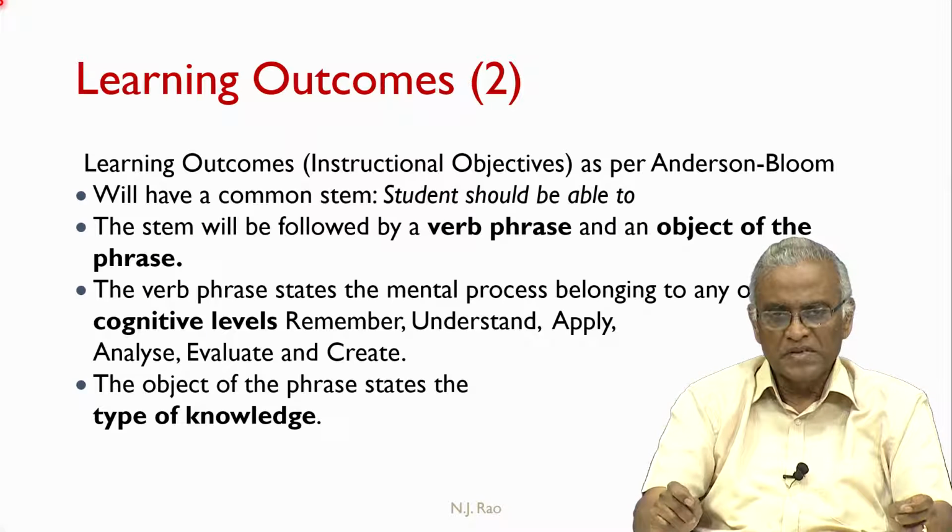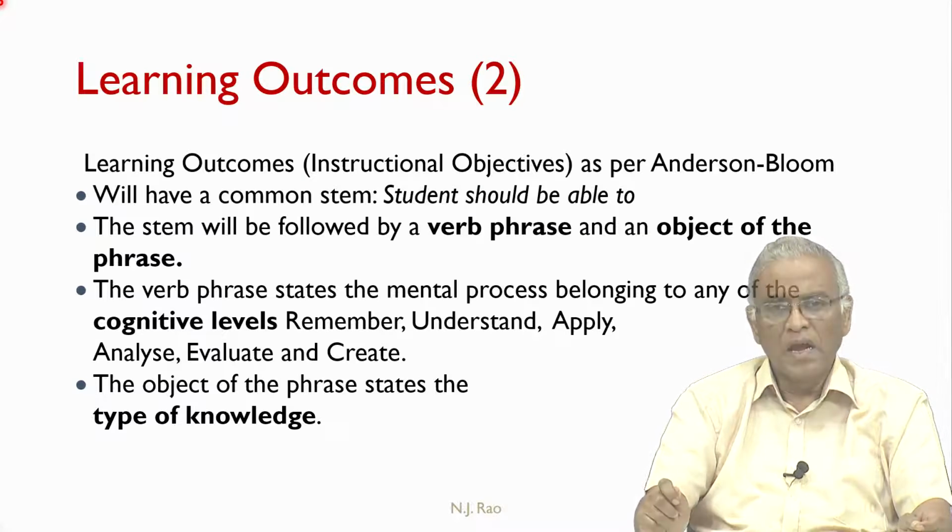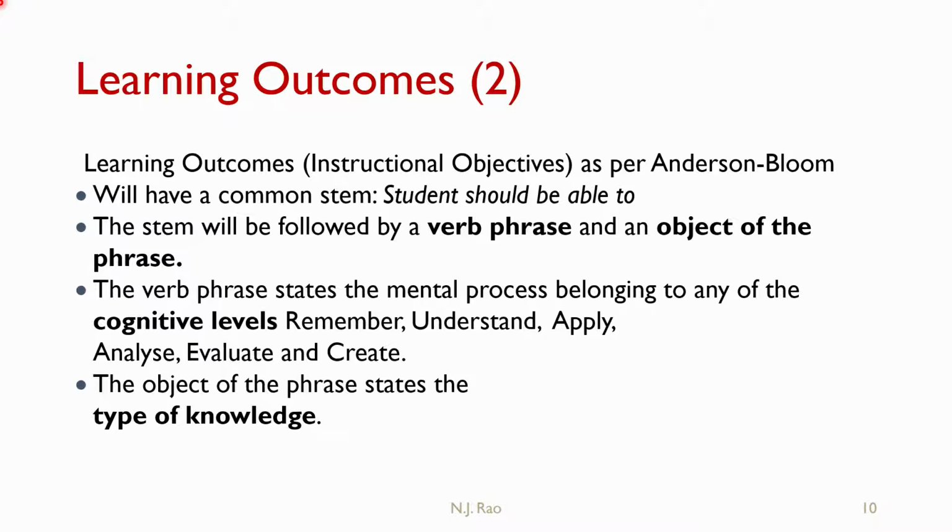It need not be a single verb, it can be a verb phrase and an object of the phrase. What are you acting on? Object for that activity. The verb phrase states the mental process belonging to any of the 6 cognitive levels, and the object of the phrase states the type of knowledge it is acting on. So, Anderson and Bloom have used the words verb phrase, object of the phrase.